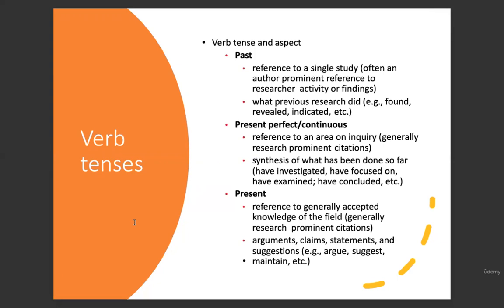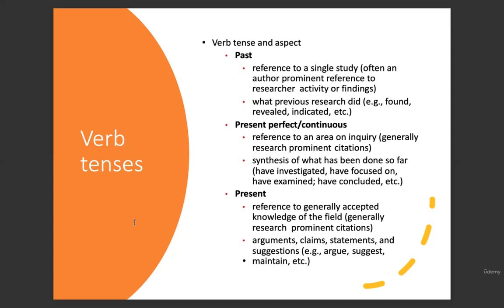Be consistent. I personally usually prefer to have past simple, but it's up to you. So while using the past, reference to a single study, okay? Yes, you talk about a single study using past simple. Or you can say, this found, this found that, etc.